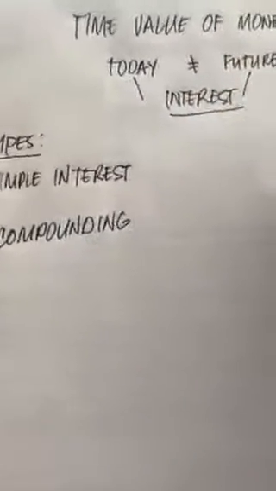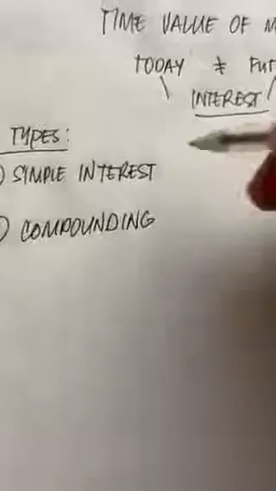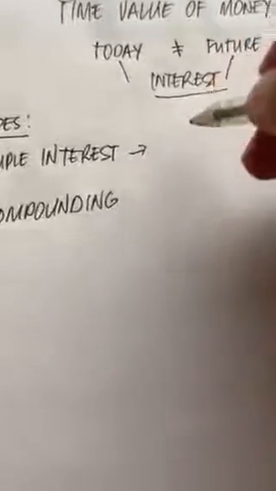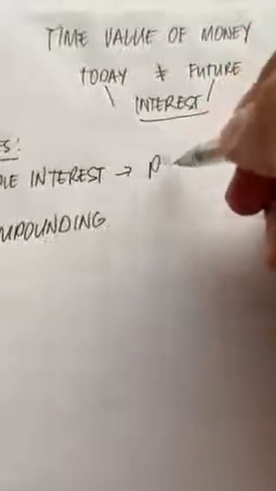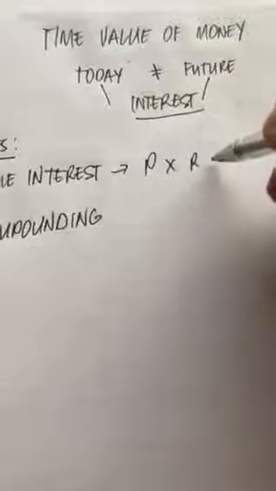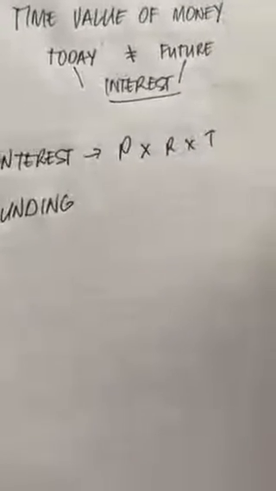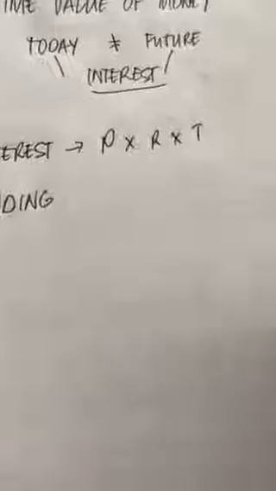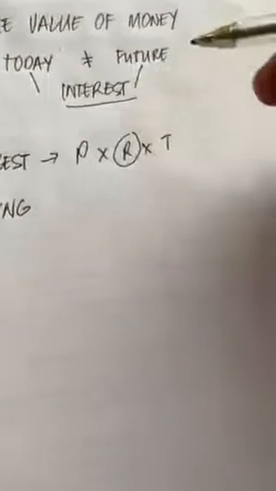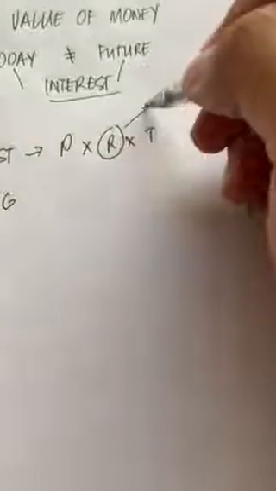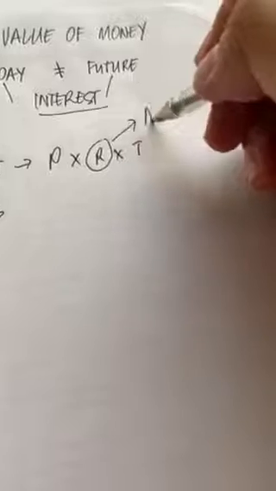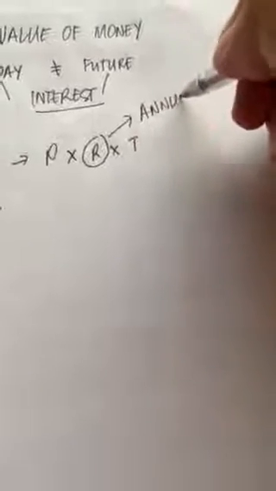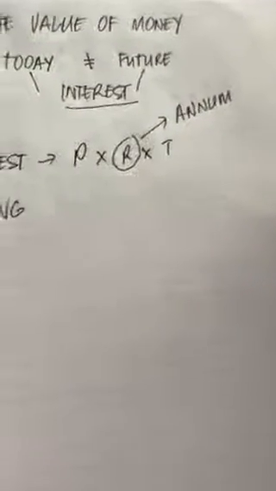So when you speak of simple interest, this is essentially using a simple formula, that is your principal times the rate of interest times the time frame. And note that if we speak of rate of interest, unless otherwise stated in the problem, we will assume that the interest rate given is on a per annum basis, meaning that's for 1 year.